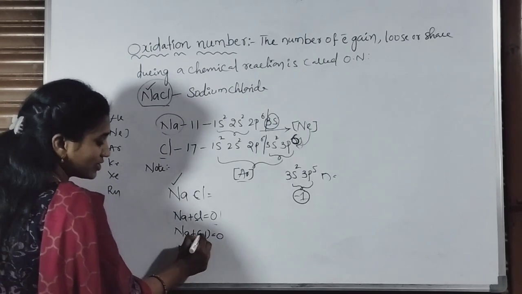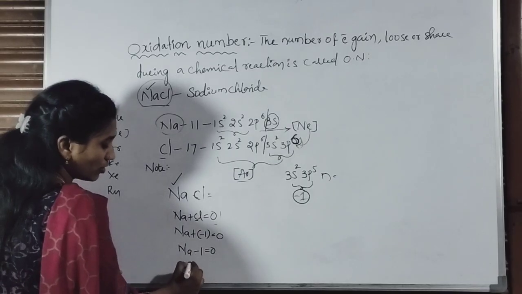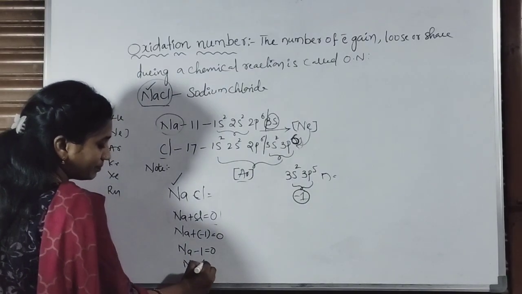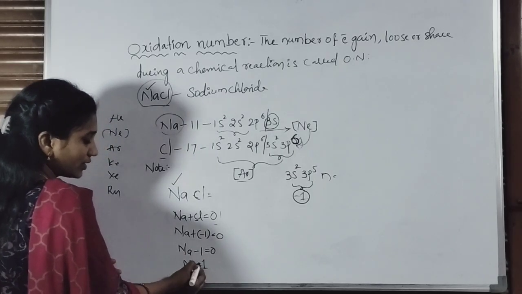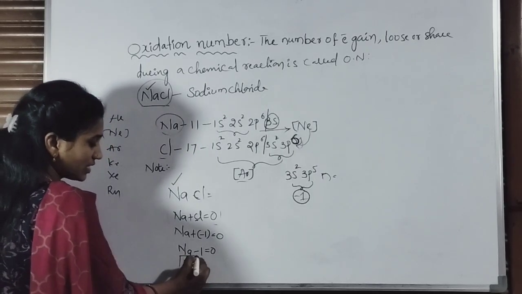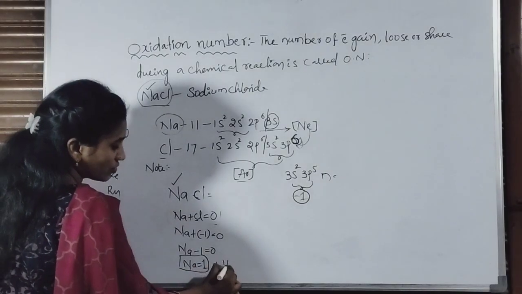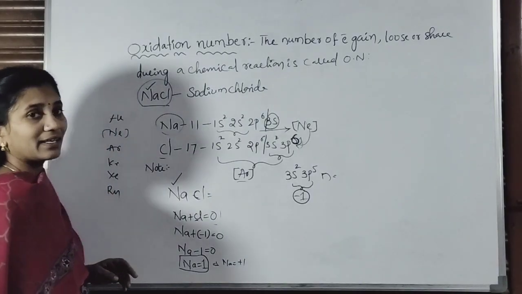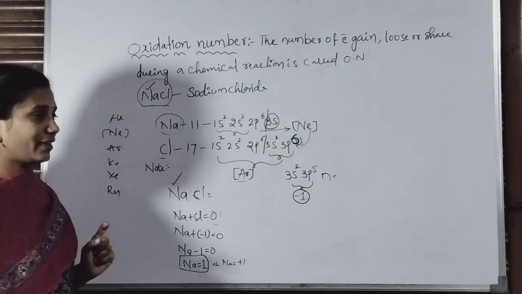Na plus into minus, it becomes 1, is equal to 0. Then if we take this -1 to the other side of the equals sign, it becomes positive, so Na is equal to +1. In this way we can calculate the oxidation number of any element in a given compound.